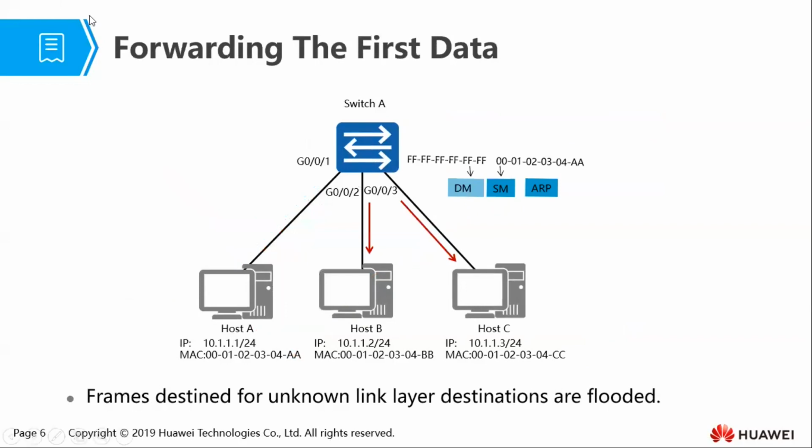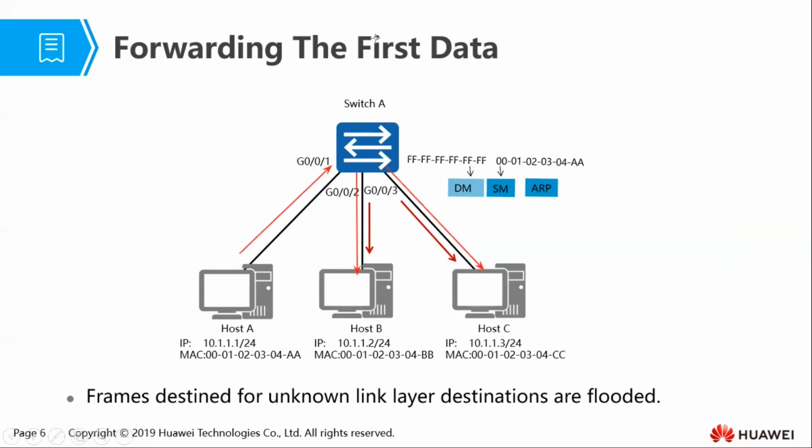Because this is a broadcast packet, with the destination MAC address of all Fs, the switch is going to forward it to all the hosts interconnected on all the other ports, other than the port from which it was received. So it's going to forward it out through all the other ports.